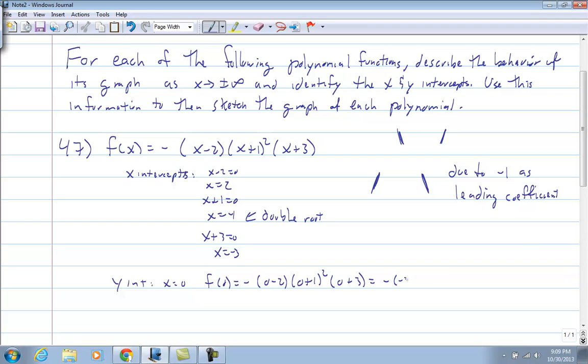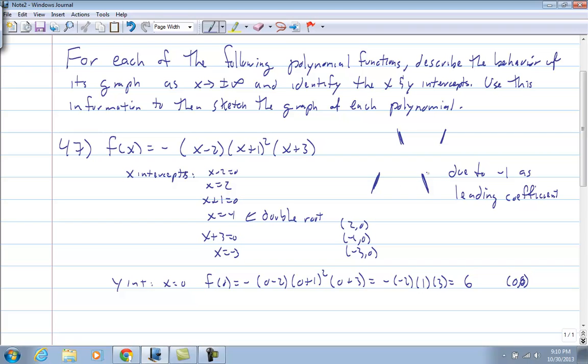Negative of -2 times 1 times 3, which becomes positive 6. So (0, 6). And over here we had (2, 0), (-1, 0), and (-3, 0).